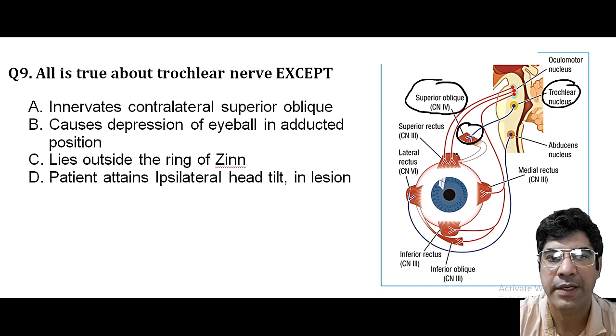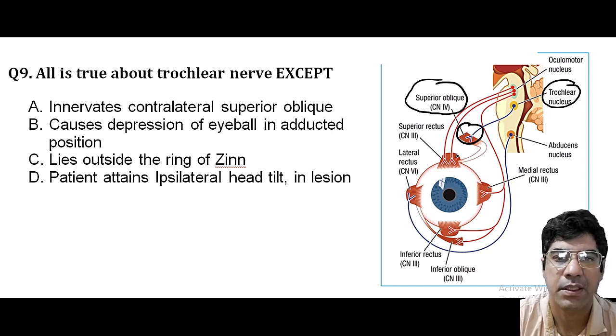Second option, it causes depression of eyeball in adducted position. So the trochlear nerve's main function is to depress the eyeball when the eye is in adducted position. So that action would make the eye look downward and inward.